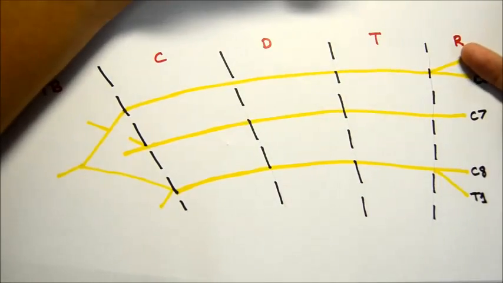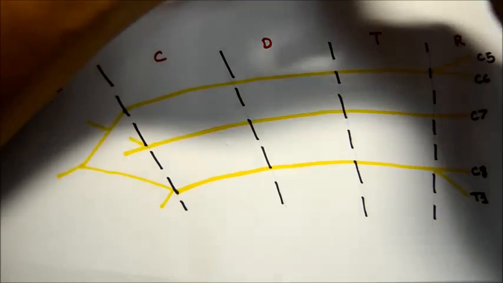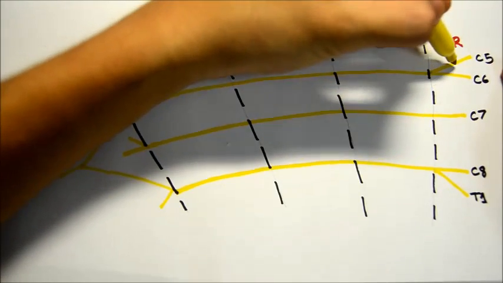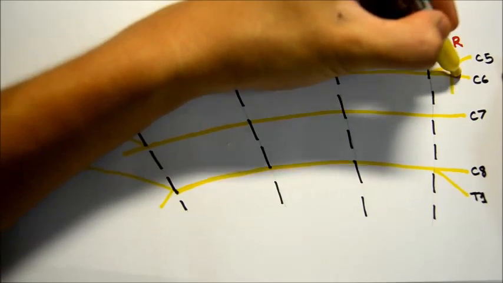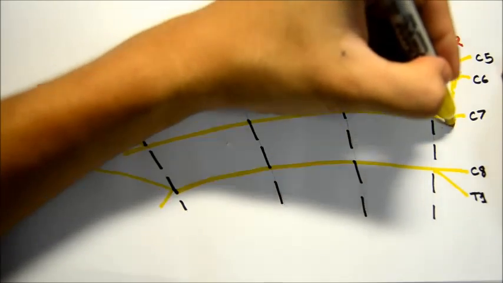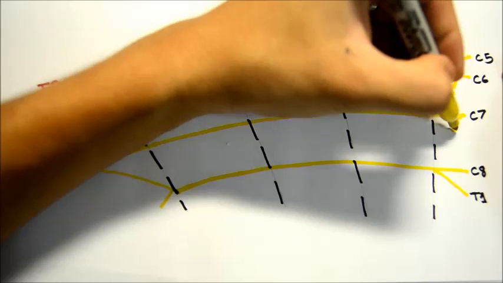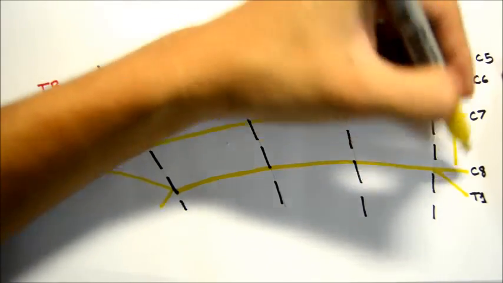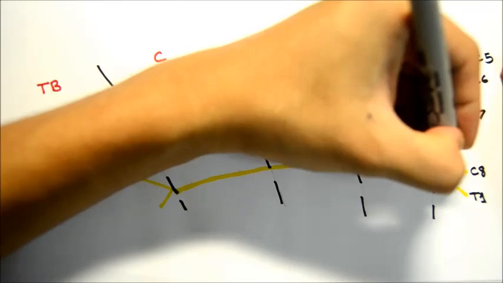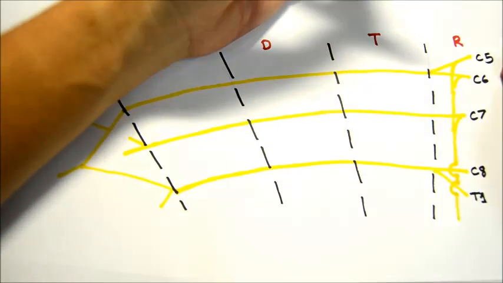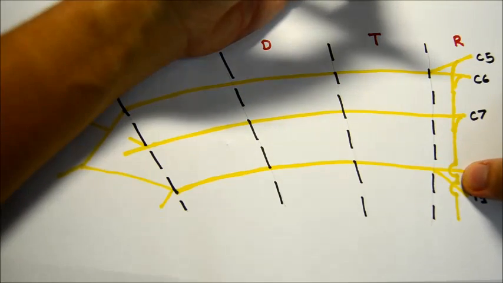In the roots portion, we have 2 branches. The first branch, starting from the C5, receiving contribution from C6, again receiving contribution from C7. However, when it reaches the C8 and T1, it jumps and then extends downward. This jumping here doesn't occur in real life.